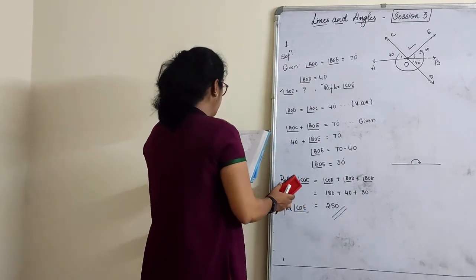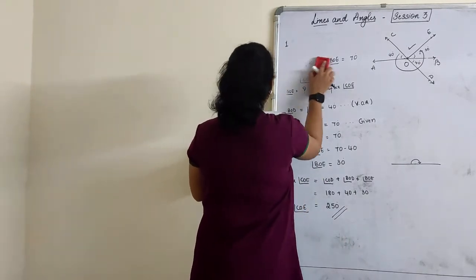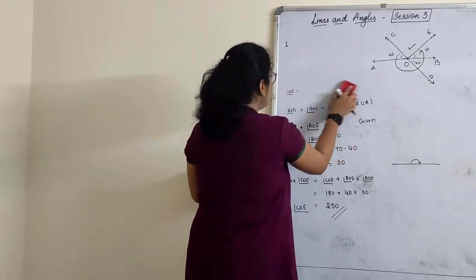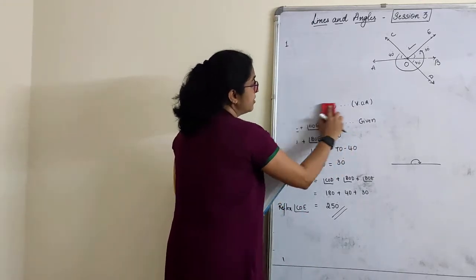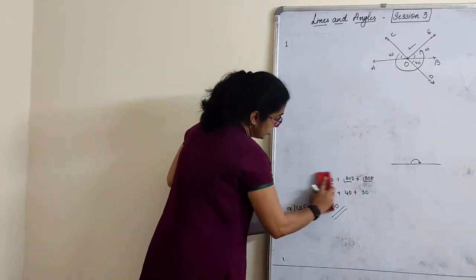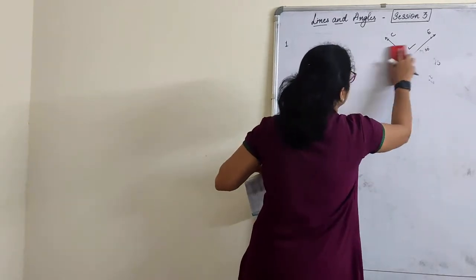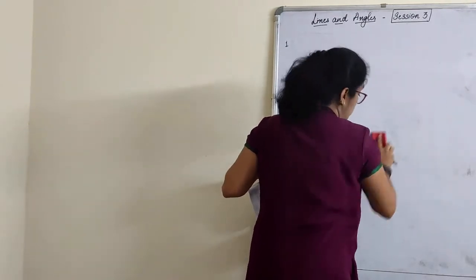They have given lines XY and MN intersect at O, and they have given an angle, and also they have given us a ratio. So whenever a ratio is given, we consider the ratio as x. So let us start calculating with that. Your figure is more important here.